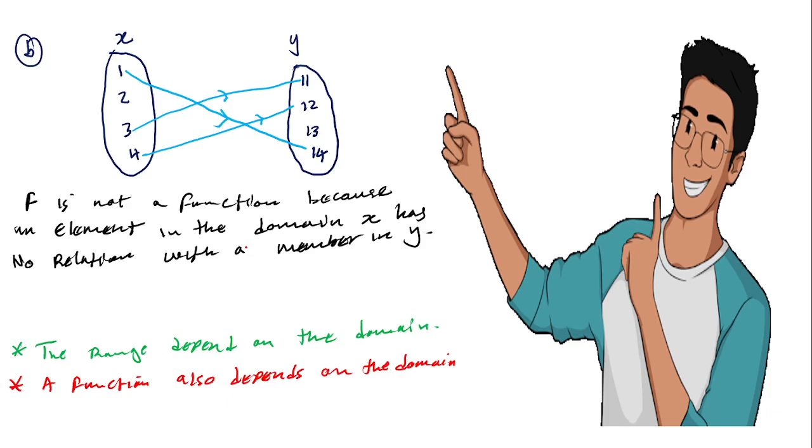If you look carefully, these things are very easy if you follow them up. So you have X, Y, there you have 1, 2, 3, 4, and there you have 11, 12, 13 and 14.